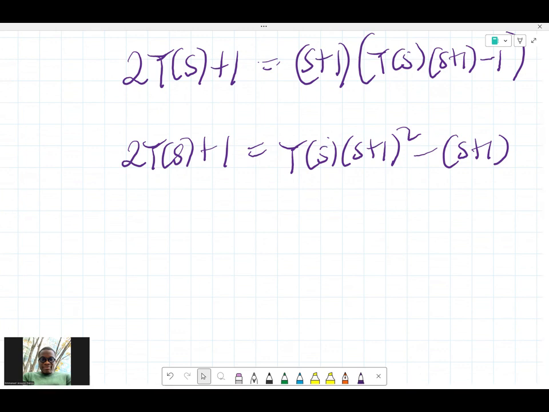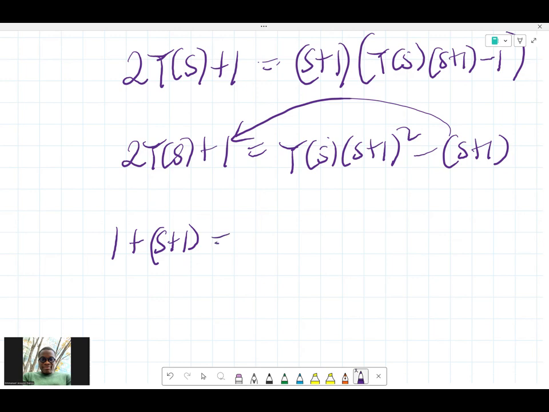So if we transfer this, we have s + 1 going that way, and that is equal to Y(s)(s + 1)^2 - 2Y(s). Yep, s + 1 comes here.